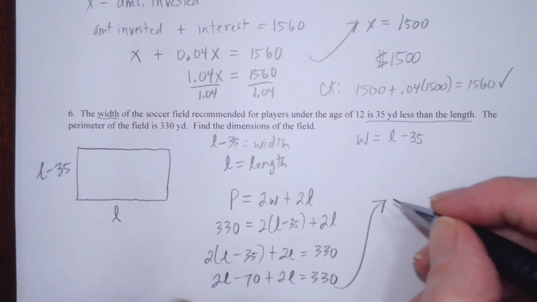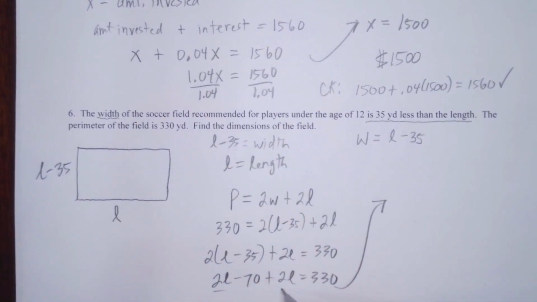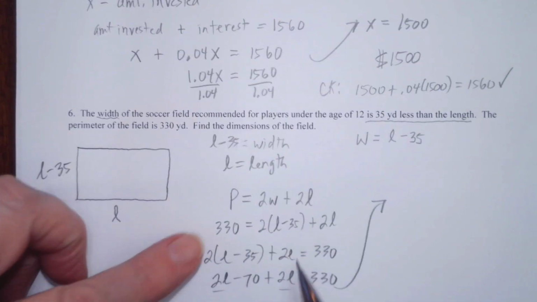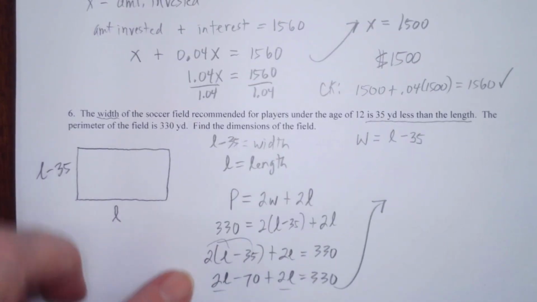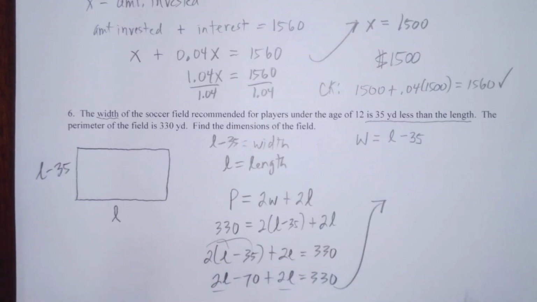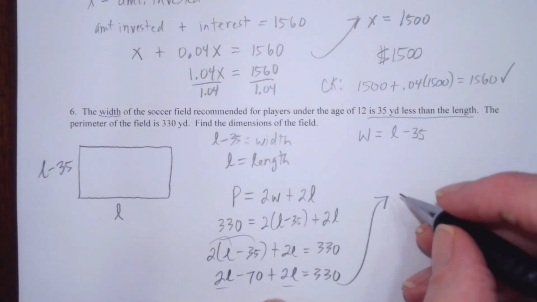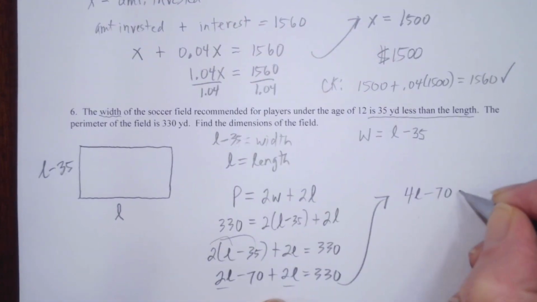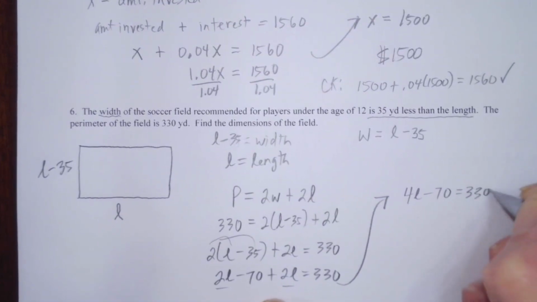Notice we're in the simplifying process. I just switched sides, and now I distributed, and I can combine like terms. This is all part of simplifying. We'll get 4L minus 70 is equal to 330.